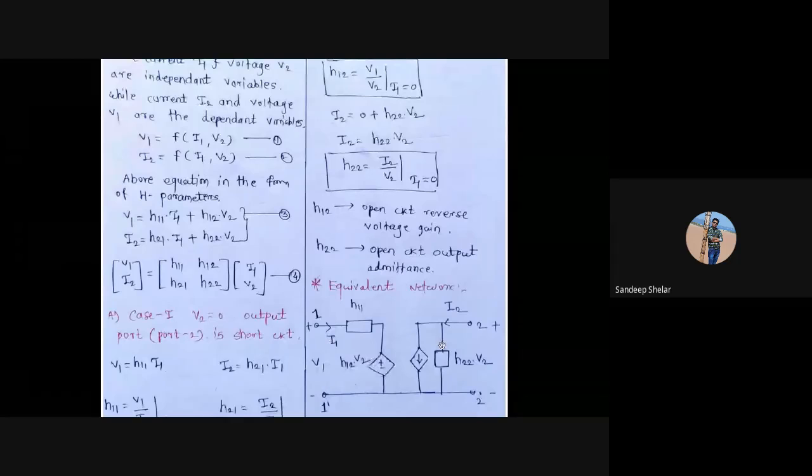Now the current I2 is equal to H21 into I1 plus H22 into V2, where the current I1 flows through this point. This is the important theoretical part of the hybrid parameter, which we use to solve problems. We will take problems on the hybrid parameter in the next GATE lecture.